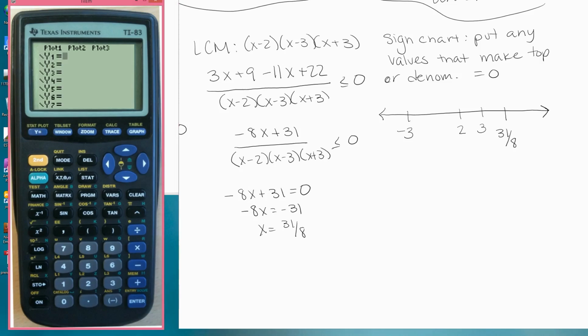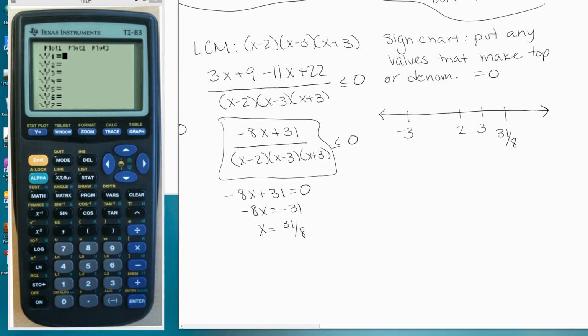So in my y equals, I want to put this. Let me show you where we need to make sure we have parentheses around the numerator and the denominator. So we want to make sure we add those parentheses.